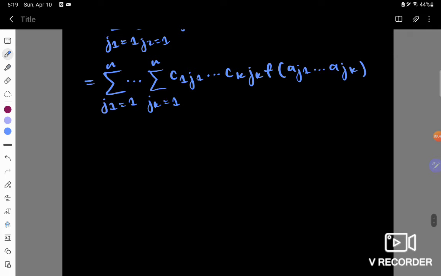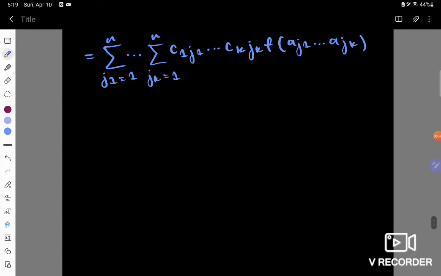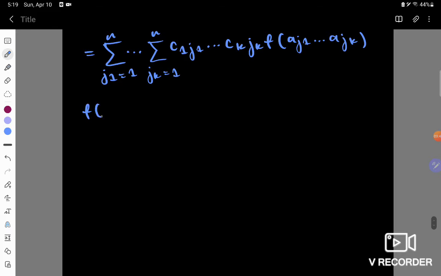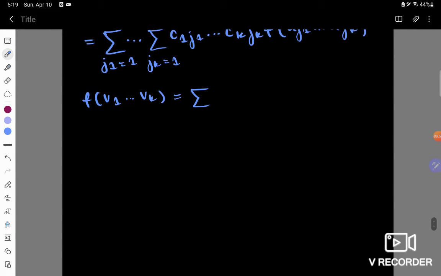Okay, so this is our full expression here, and we can condense it as just v1 through vk equals just this overall sum, where 1 is less than or equal to j sub 1 through j sub k is less than or equal to n.